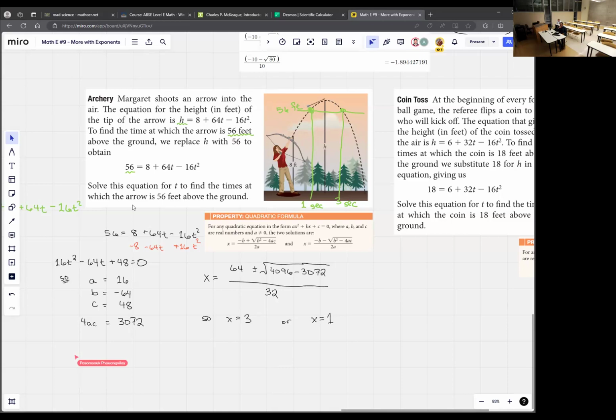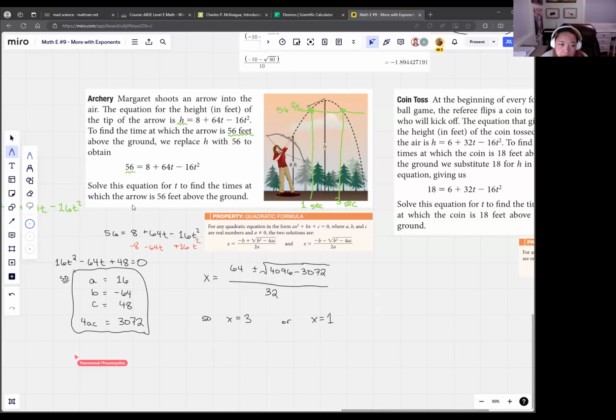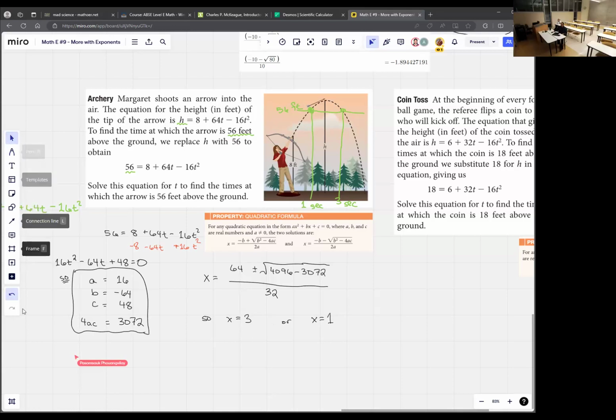Could I have solved this by factoring? Take a vote. Yes, no. Do you think we could solve this one by factoring instead? Yes. Yeah, whole number answers means we should be able to.